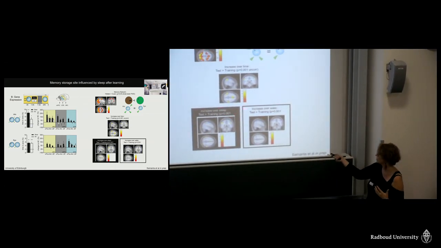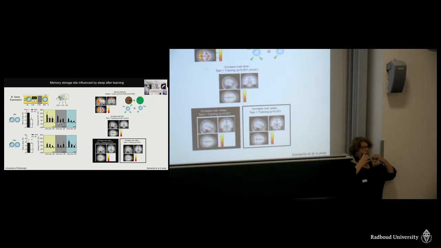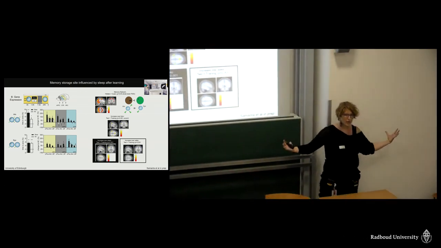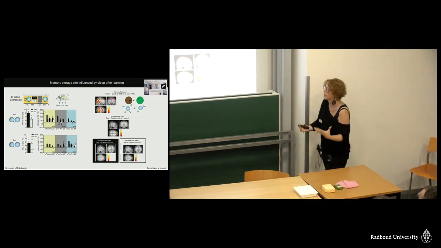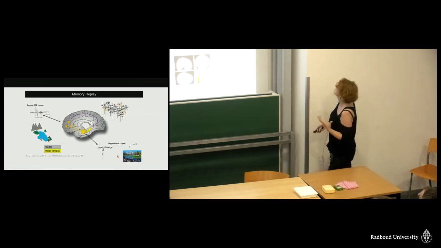If we look at our subgroups, the sleepers and the wakers, this effect is selectively in the sleepers, while the wakers don't seem to show that much. So what is sleep doing? Sleep lets you consolidate your memories to your whole brain, so that you can use more of these long-term brain areas.